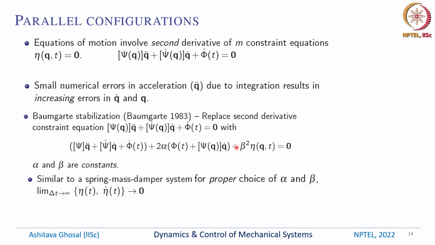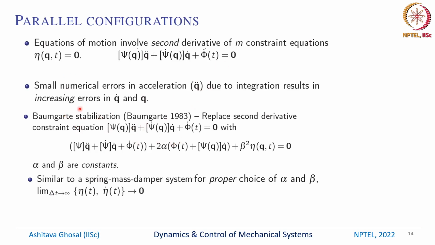If I play around with this alpha and beta, I can ensure that not only eta of q comma t is 0, but eta dot will also go to 0. So all of them will go to 0, and hence the loop closure constraint equations are exactly satisfied, are 0. So this is called Baumgarte stabilization.